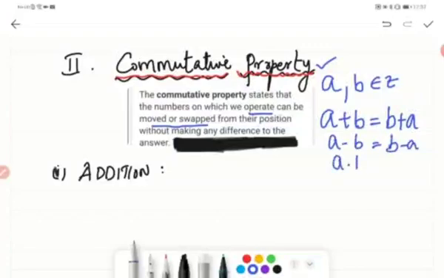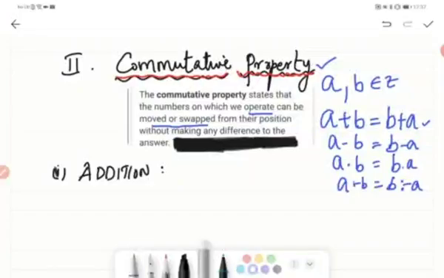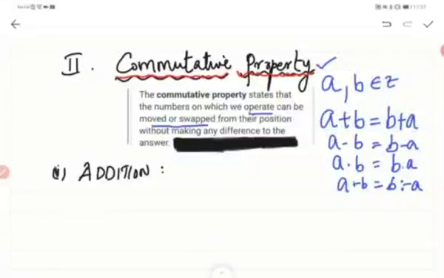For multiplication, a dot b and b dot a should be the same. For division, a divided by b and b divided by a, if they are the same, then only the commutative property will be true. Now let us go one by one and see the scenarios for the commutative property.